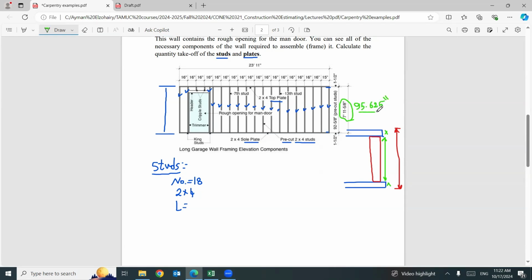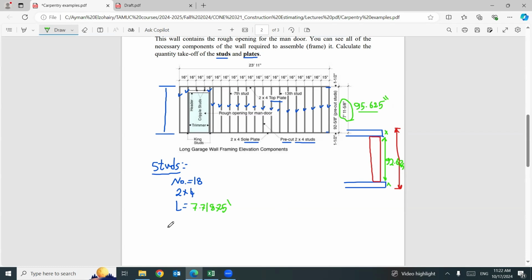If you subtract from this number 1.5 inch and 1.5 inch, that means minus 3 inch, the remaining dimension will be 92.625. If you divide it by 12, the length of the stud will be 7.71875 feet. Does that make sense?